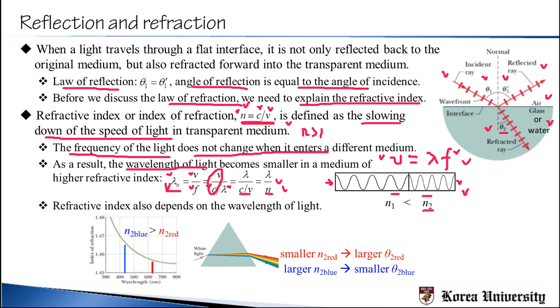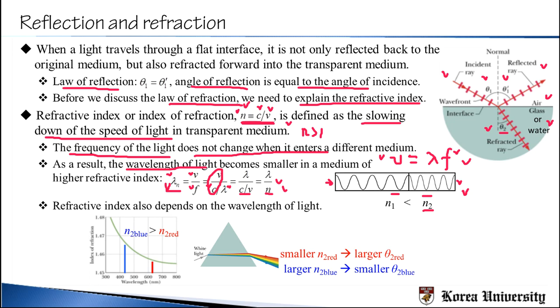In the previous simulation experiment, we have seen that the refractive index of air is just 1, which means that inside air, light doesn't really slow down much. So the speed of the light in air is almost the same as the speed of light in vacuum. But when the light enters the water or glass, it will slow down quite a lot.